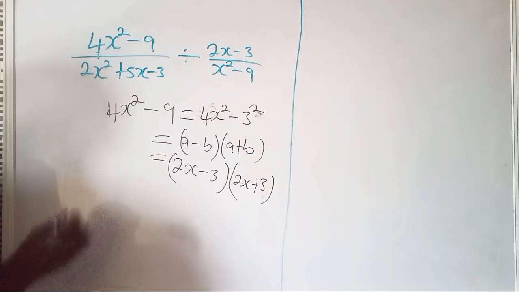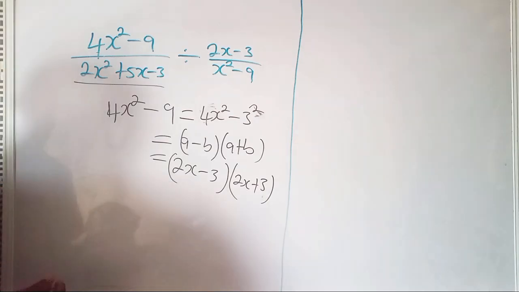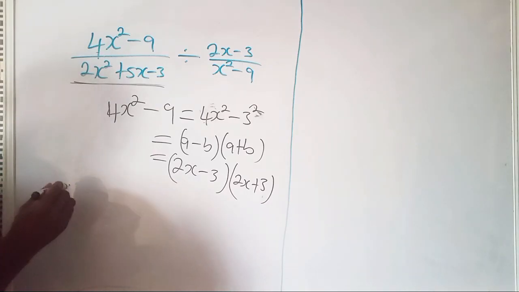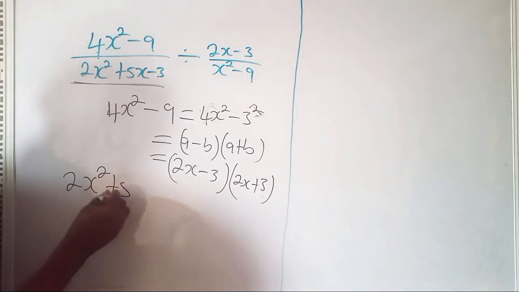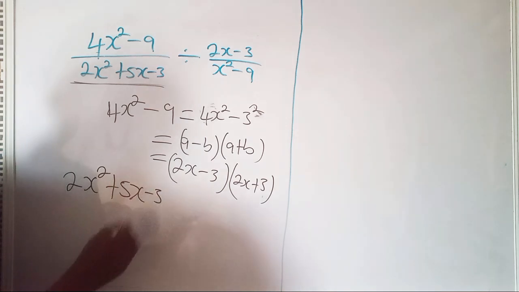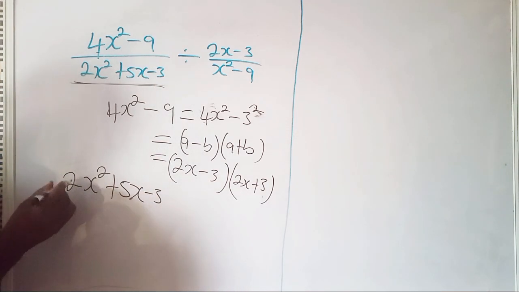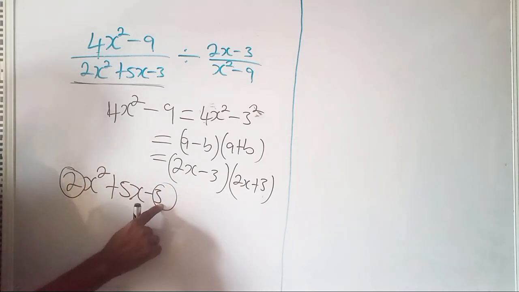This is how to factorize this. When that is done, we try to factorize the denominator as well. So we have 2x squared plus 5x minus 3, and we have to factorize. In factorizing this, the first term has to multiply with the last term, which makes 6.